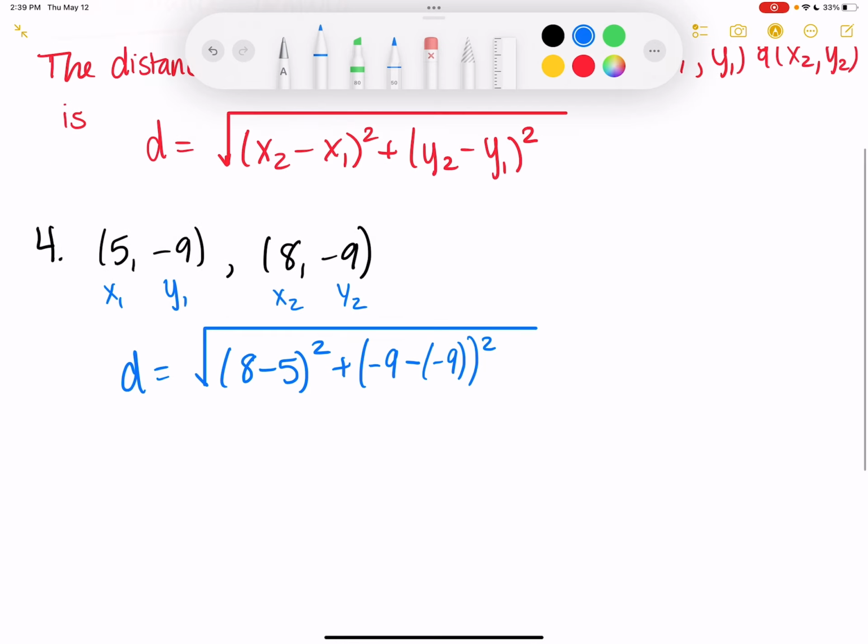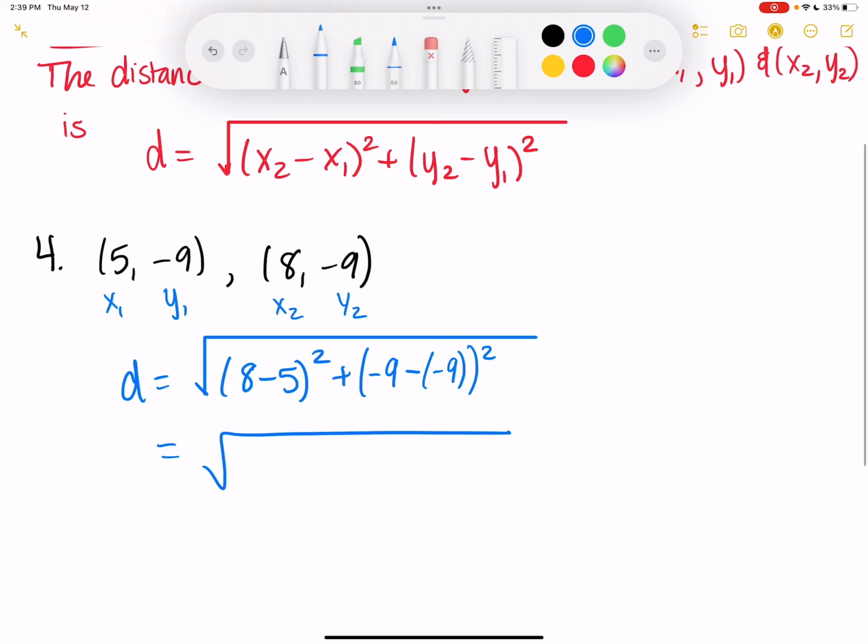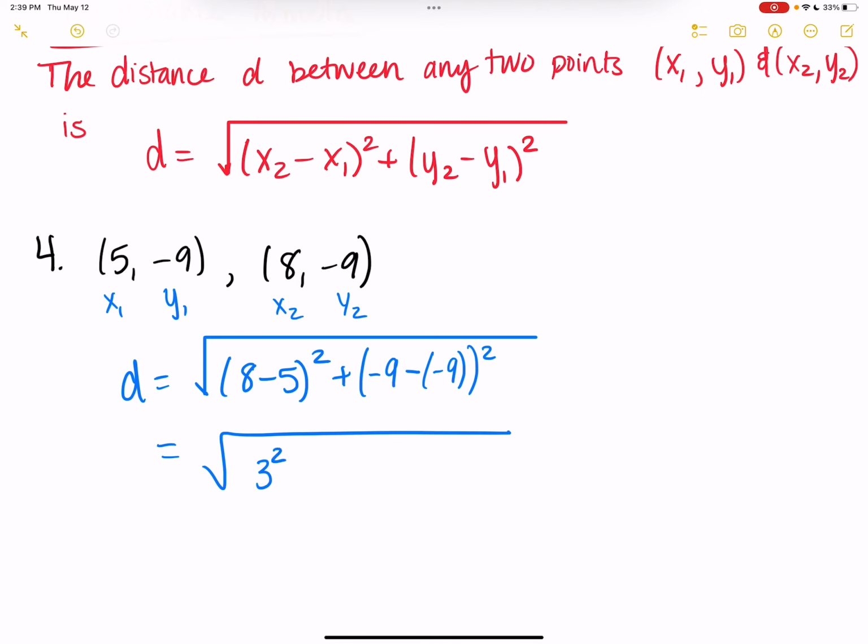So then the square root of 8 minus 5 is 3, 3 squared, plus -9 minus -9. Minus a minus becomes plus 9, so that goes away.